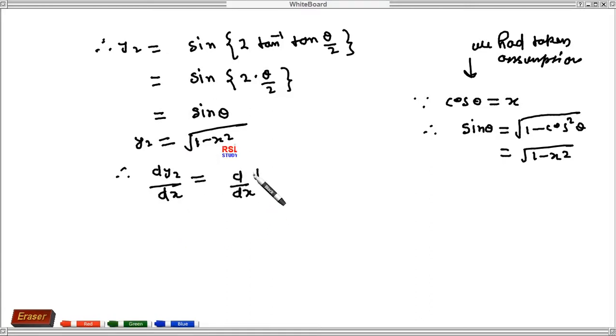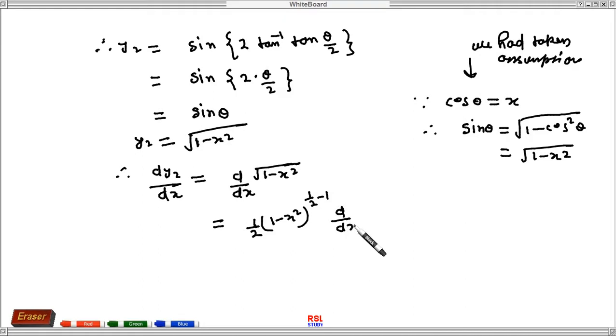This is just like an x power n differentiation, that will be 1 by 2 into 1 minus x square to the power 1 by 2 minus 1, and then d/dx of 1 minus x square.